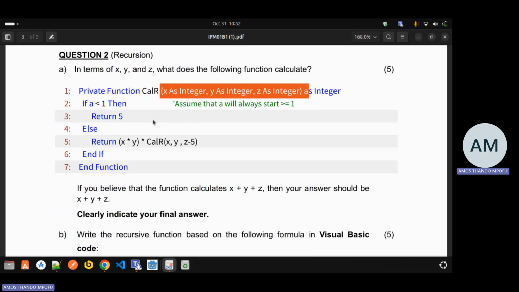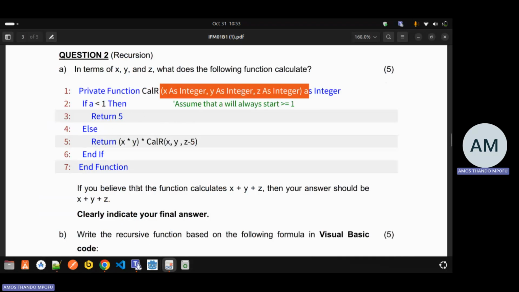That's basically what you're trying to do here. You're finding a general term for this function. Hence, they said in terms of X, Y, and Z. So that means your final answer must use X, Y, and Z. That's how your final answer should be.